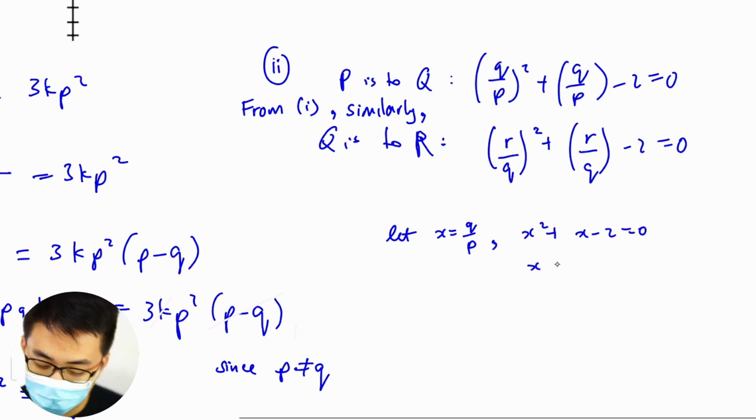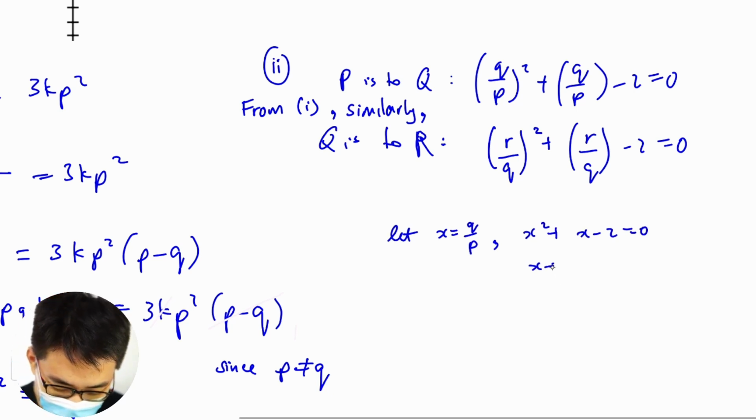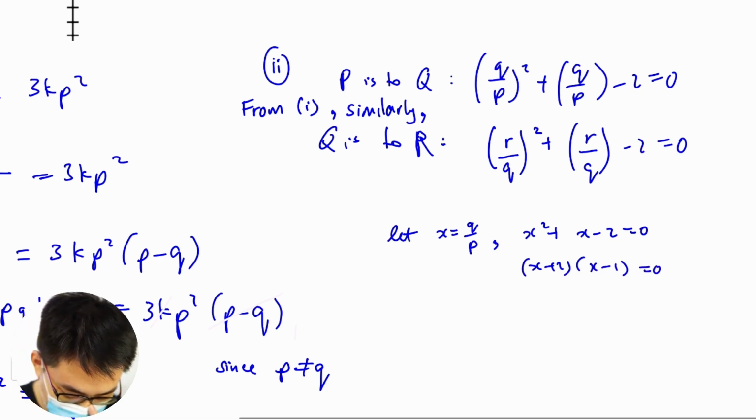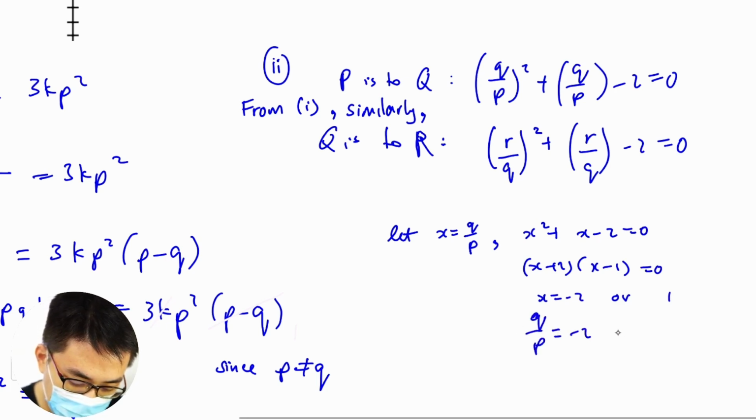So this will be x plus 2, x minus 1, correct. So x equals minus 2 or 1. So Q over P equals minus 2 or 1.